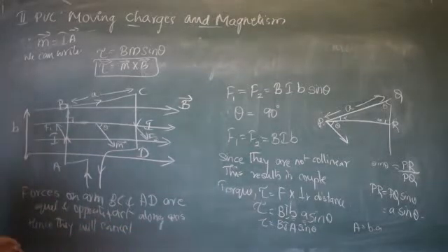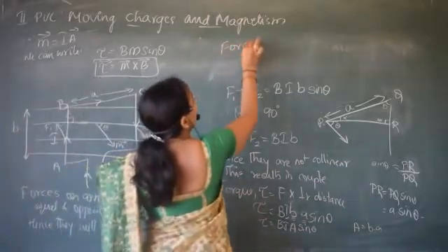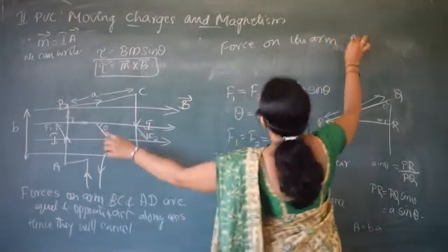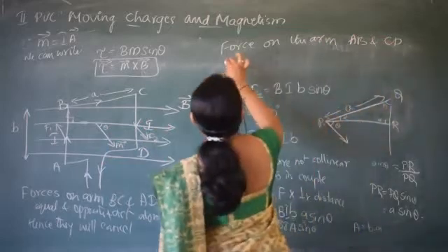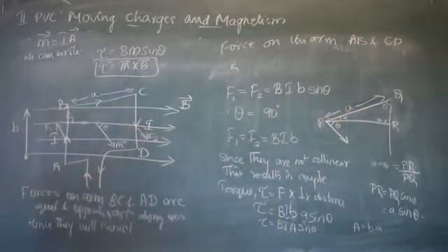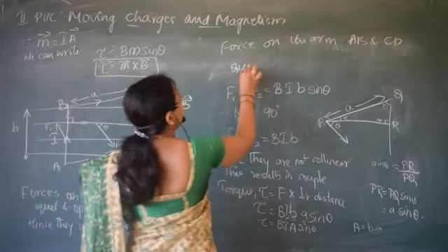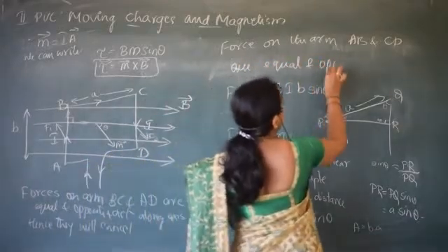Next, force on the arm AB and CD, F1 and F2, are also equal and opposite.